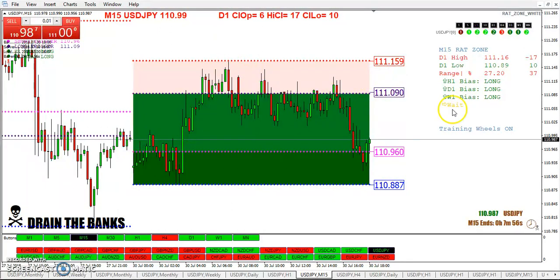So in this case, we've only got a 27 pip range. We're not really going to make that much trading away from the daily low and the daily high. It's just that we just don't have the range. And other days we might have 70 to 100 pip or more ranges, and yeah, we can exploit that.